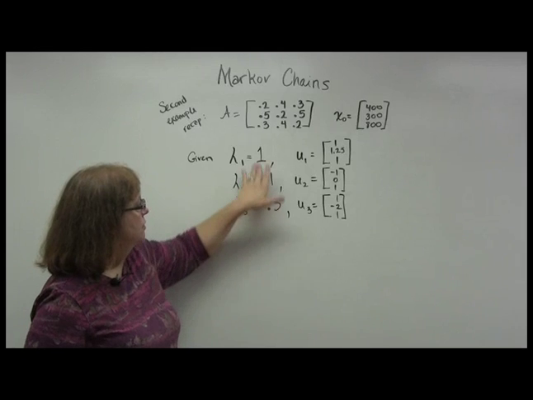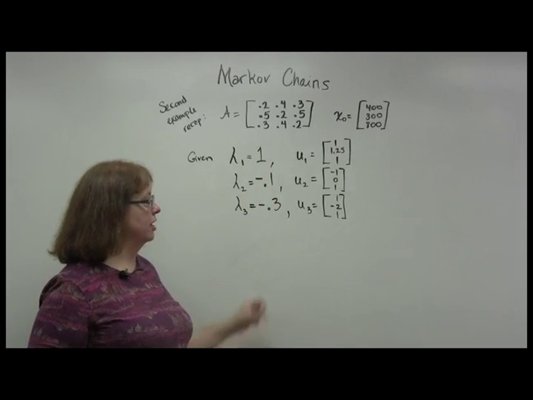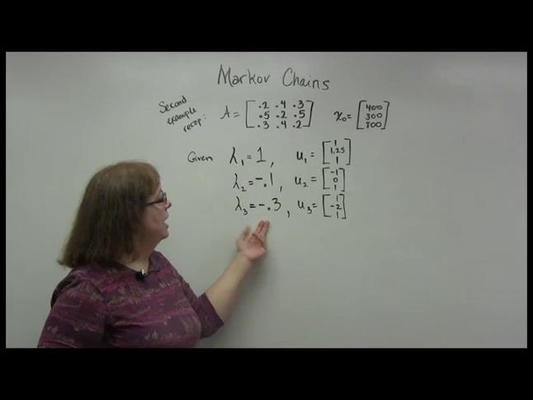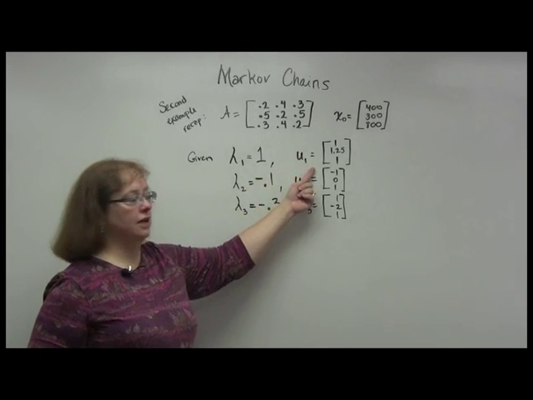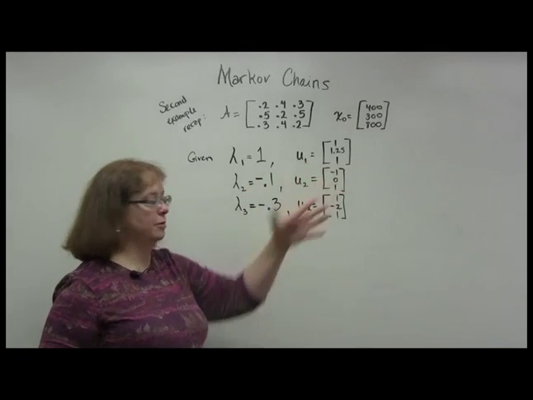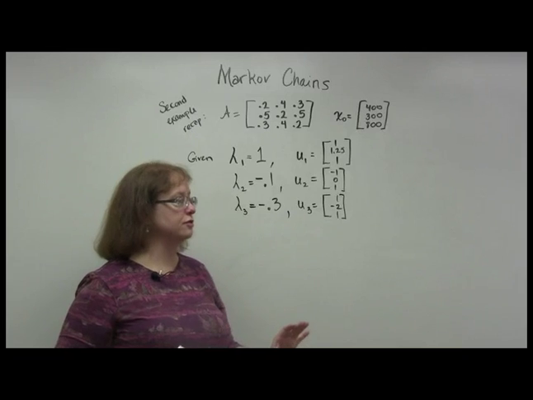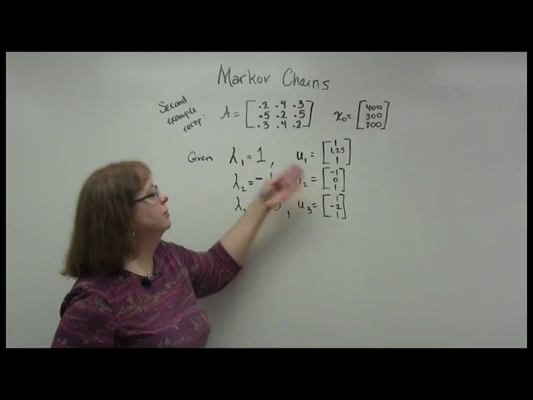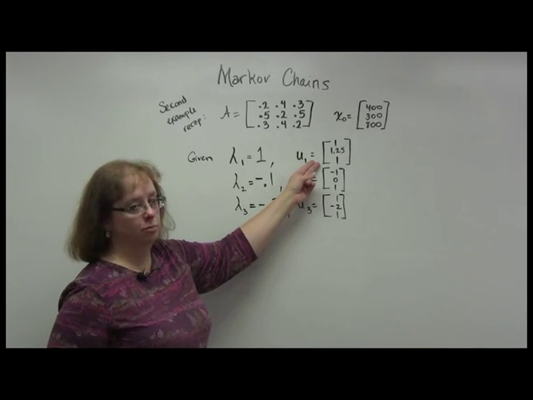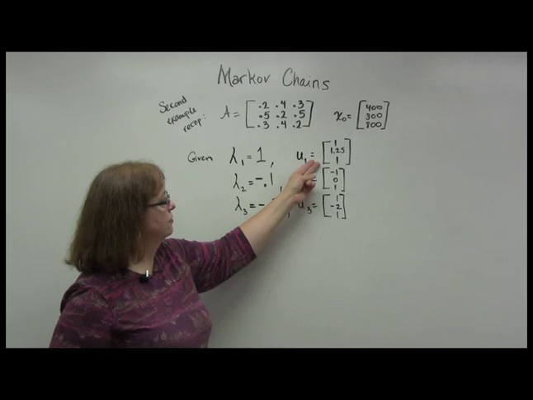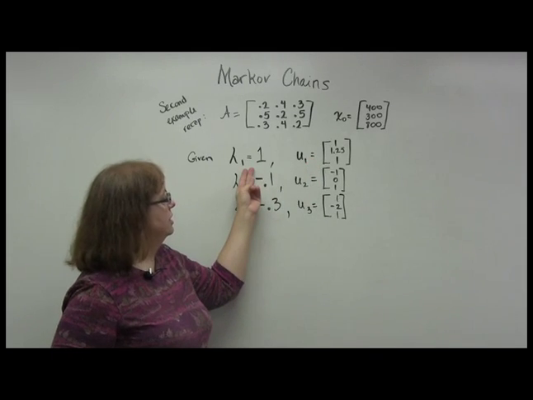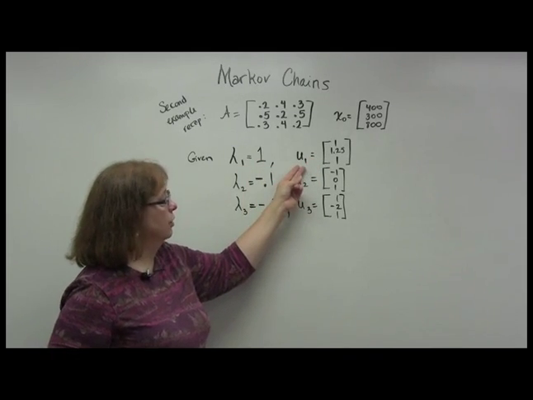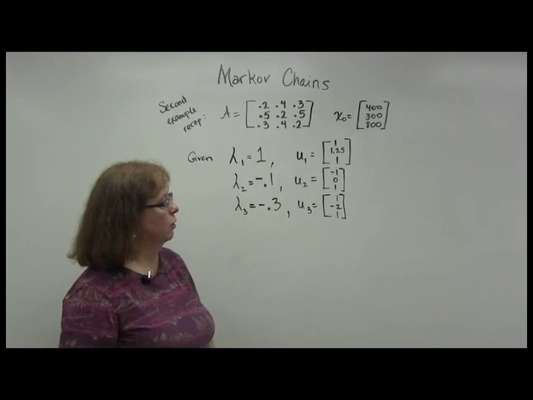And these are the numbers we would get: 1, negative 0.1, and negative 0.3. And then for each of these, we could calculate our corresponding eigenvectors. Now remember, there are infinitely many eigenvectors for every eigenvalue, but we just happen to choose these particular multiples of these eigenvectors. So for lambda 1 equal to 1, u sub 1 is 1, 1.25, 1.